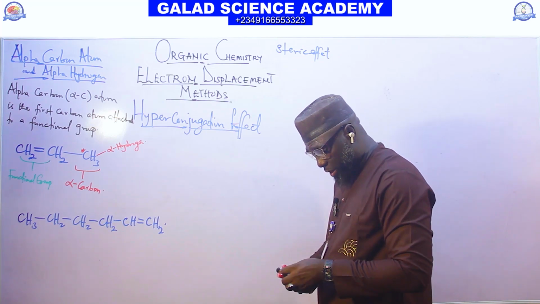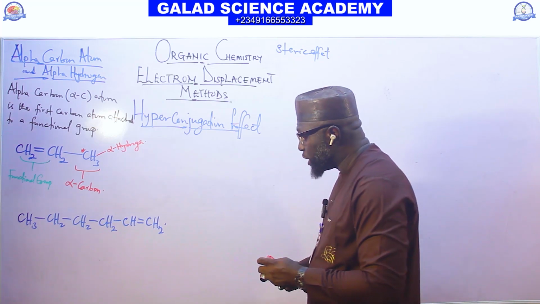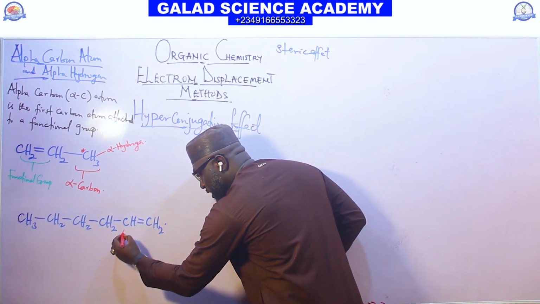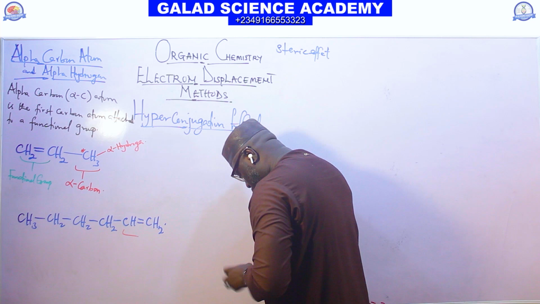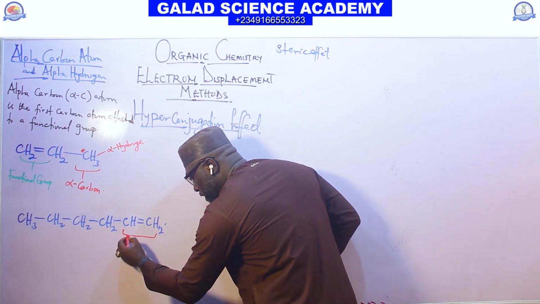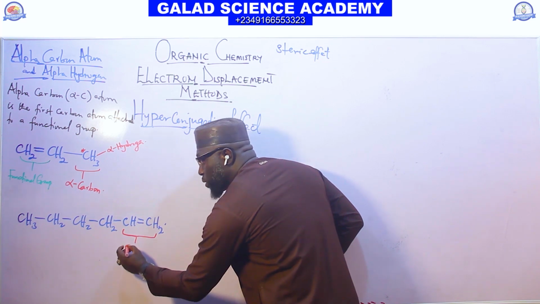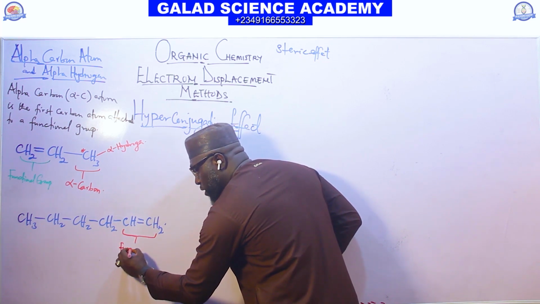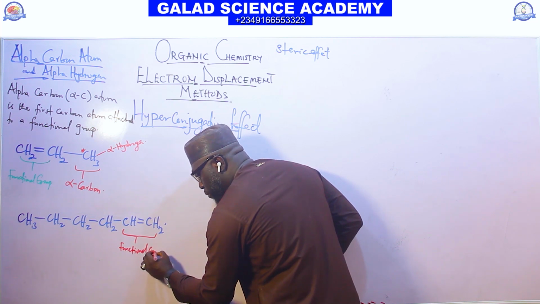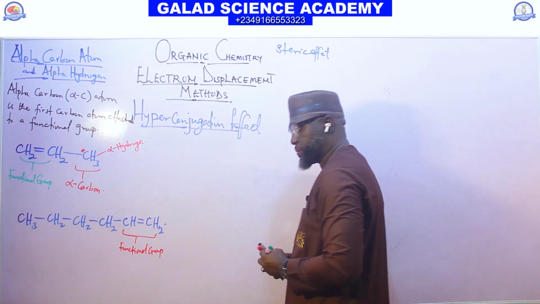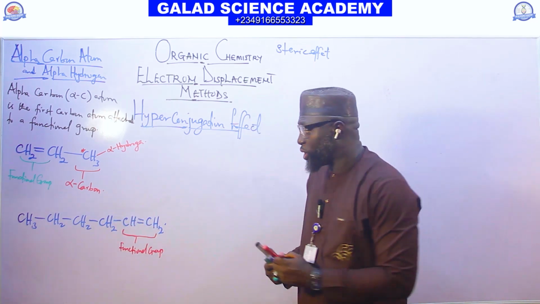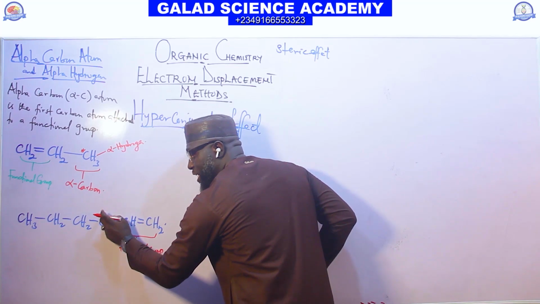What is the functional group here? The functional group here is this. These two are the functional group. So the first carbon attached to the functional group is this.